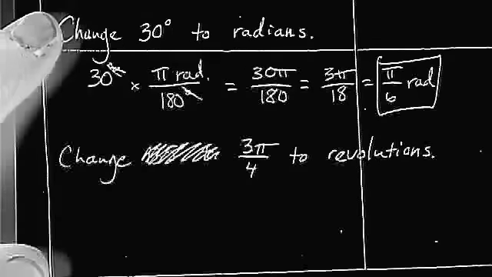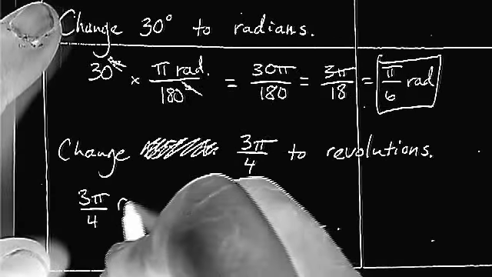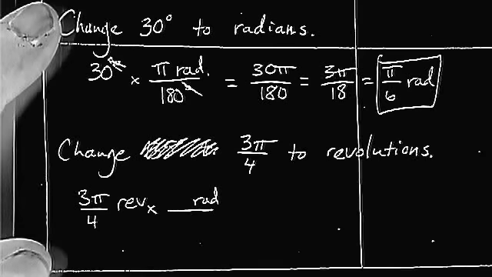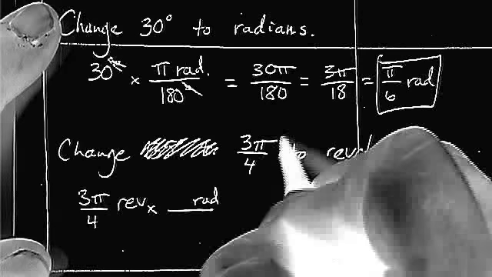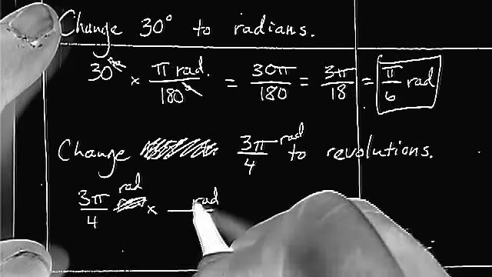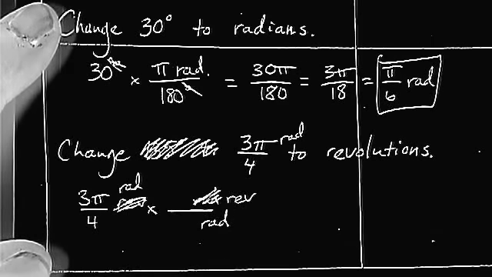What about 3 pi over 4 to revolutions? 3 pi over 4 revolutions, and we want it to be converted to radians. Oh, no, sorry. That's in radians. Cancel that out. We want to get rid of radians. We want to end up in revolutions.